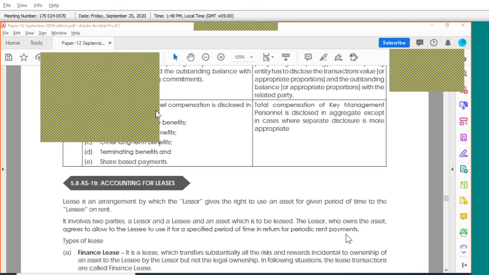For example, the worth of the asset is 10 lakh rupees, and the life of the asset is 10 years. Okay. The asset owner is A. B is the user, that is, who has taken the asset on lease.